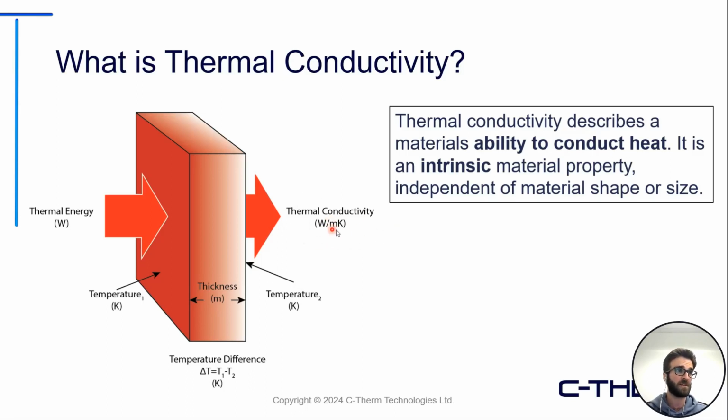And you can see where this is built up from. You have a thermal energy input, watts, traveling through a given thickness of material, noted here as m, across a temperature difference. So this is your standard breakdown, but we're going to be going into this in further detail. Again, really looking at areas of addressing low thermal conductivity, what issues those are causing, and how they're overcome.